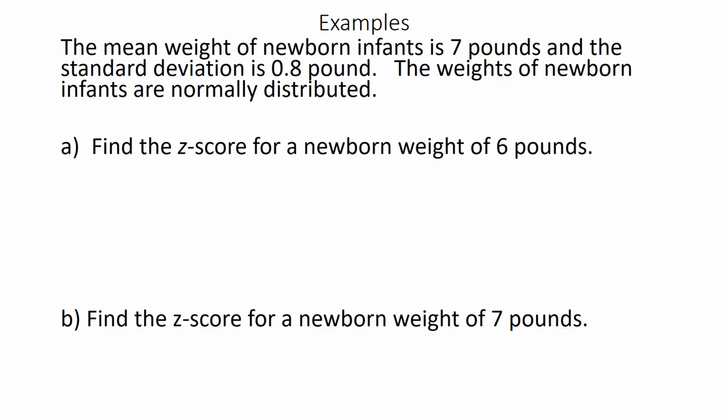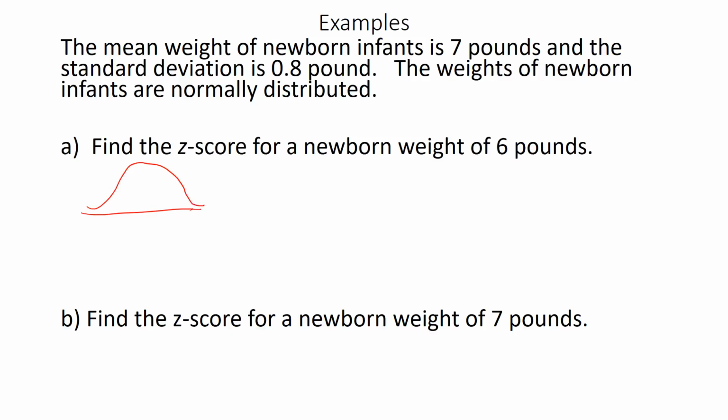The mean weight of a newborn infant is 7 pounds and the standard deviation is 0.8 pounds. The weights of newborn infants are normally distributed. Find the z-score for a newborn weight of 6 pounds.